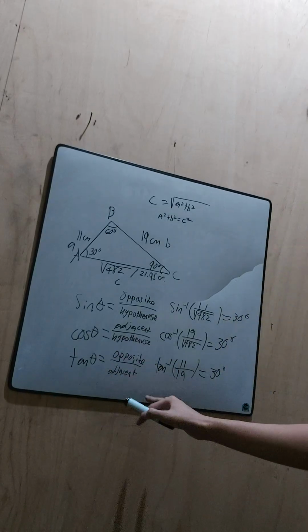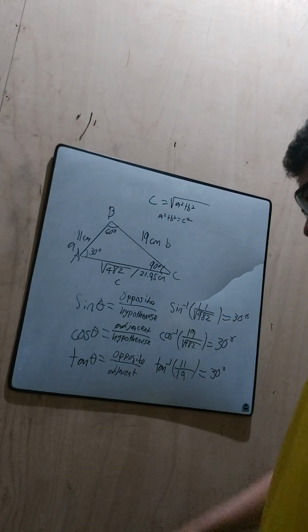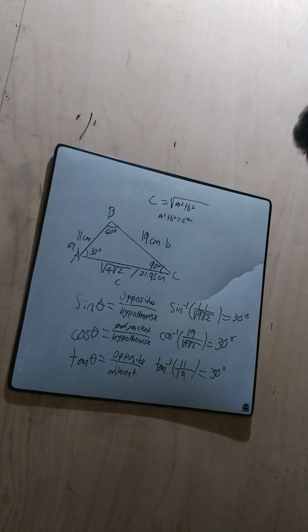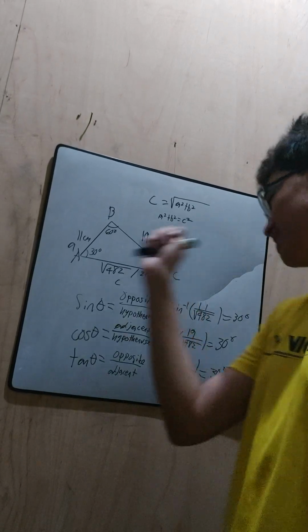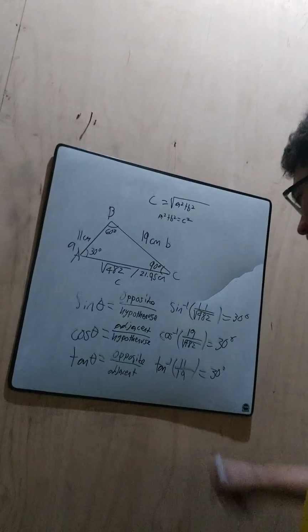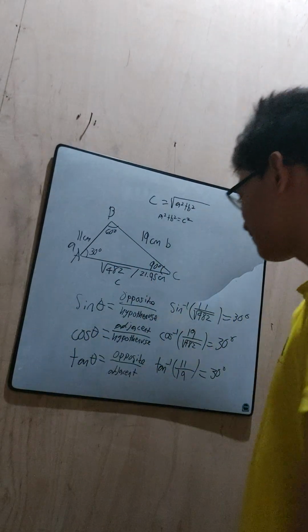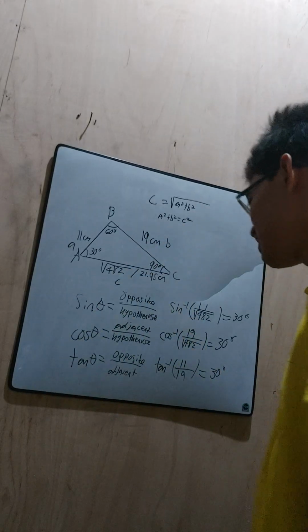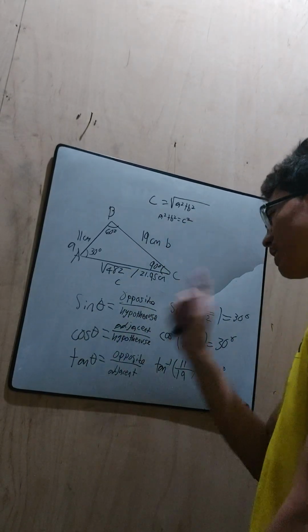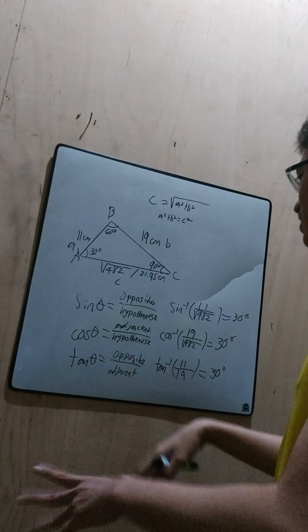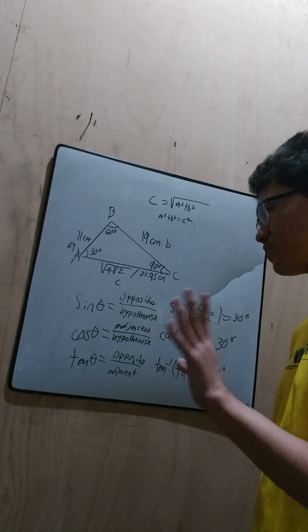If we don't know the hypotenuse, but we have the opposite and adjacent, simple. We can just get the angle by using the inverse tangent. Divide 11 over 19, boom, we get the angle. Same goes for cosine and sine. If we don't know the adjacent but we know the opposite and hypotenuse, there's no need to worry about getting those angles.